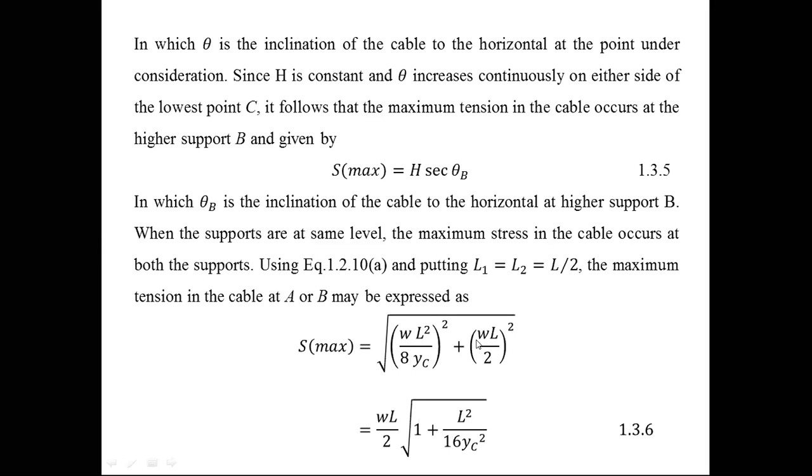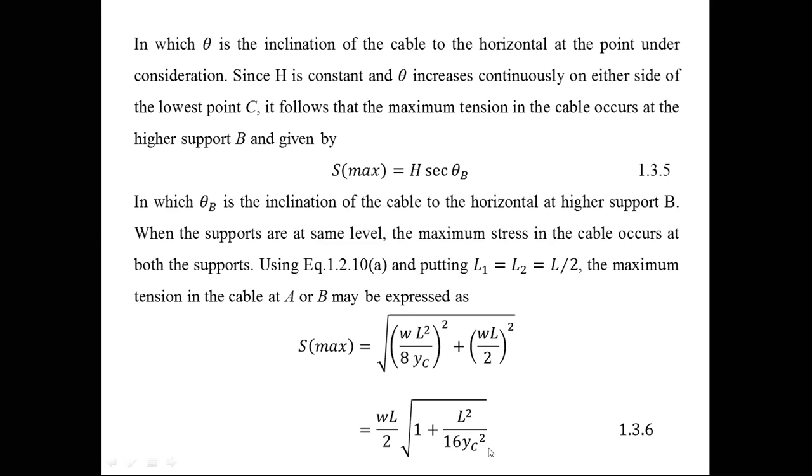If the supports are at the same level, the vertical reactions of both supports A and B are WL by 2, carrying uniform distributed load. By simplification, the S maximum will be calculated by equation 1.36. That means WL by 2 square root of 1 plus L square by 16 YC square.